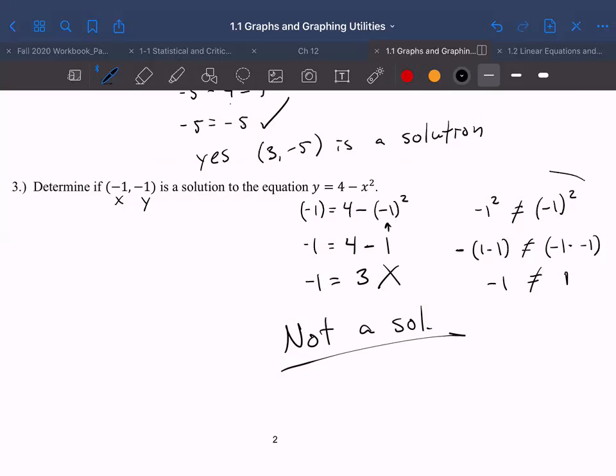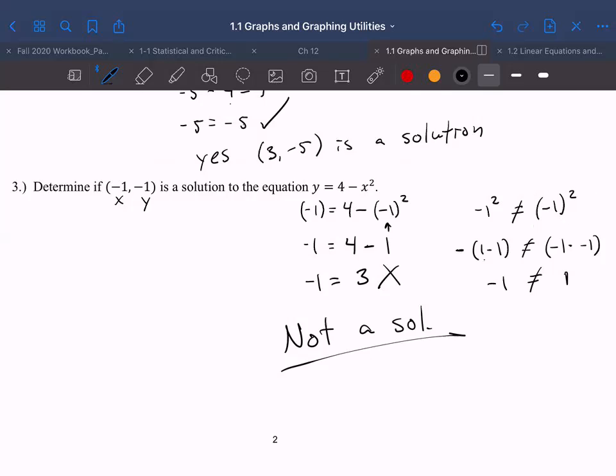Because if you look over here, negative 1 squared is different than the quantity negative 1 squared. They are not the same thing. This one means the negative of 1 squared. This other one means negative 1 squared. So those are two different things.